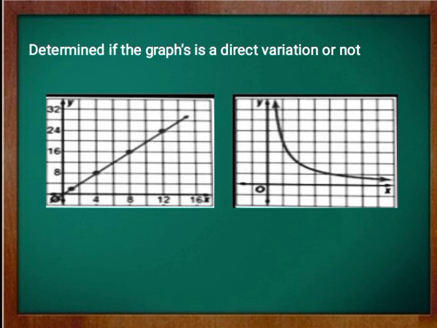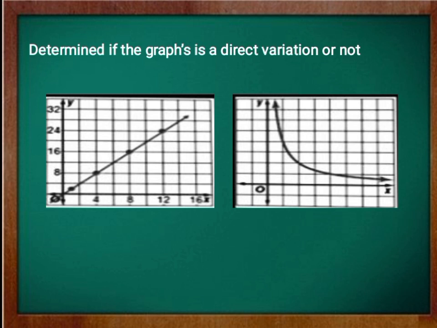Ang graph ng direct variation is always a straight line. Kaya lang, dapat yung line na yun ay nag-intersect doon sa origin or sa point ng (0, 0). So that's the graph of a direct variation.